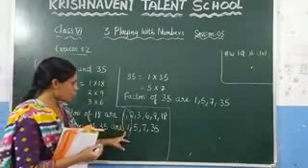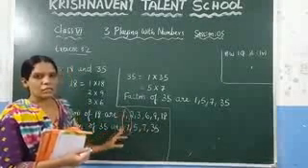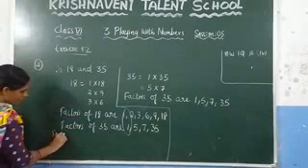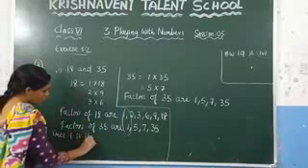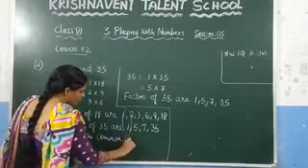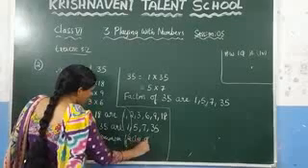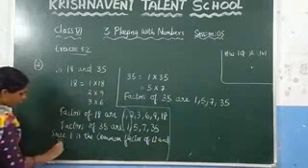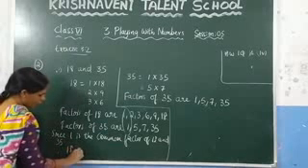So since 1 is the only common factor, we can say that those are relatively prime. So write it here: since 1 is the common factor of 18 and 35, we can say here that 18 and 35 are co-prime.